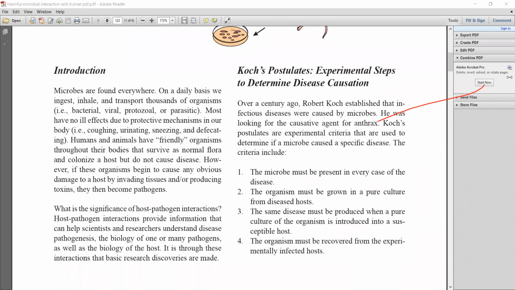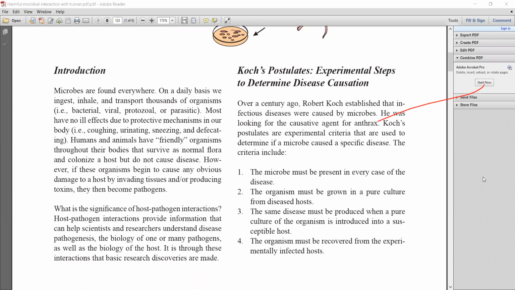That means, in order to learn about a particular pathogen, or to find out how that pathogen can be killed, or if you want to know all the information about a pathogen, then you will have to understand the interaction that takes place between the host and the pathogen.